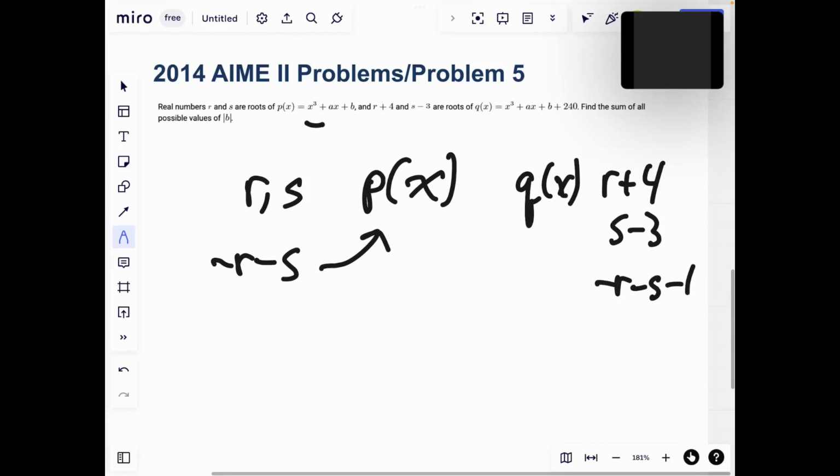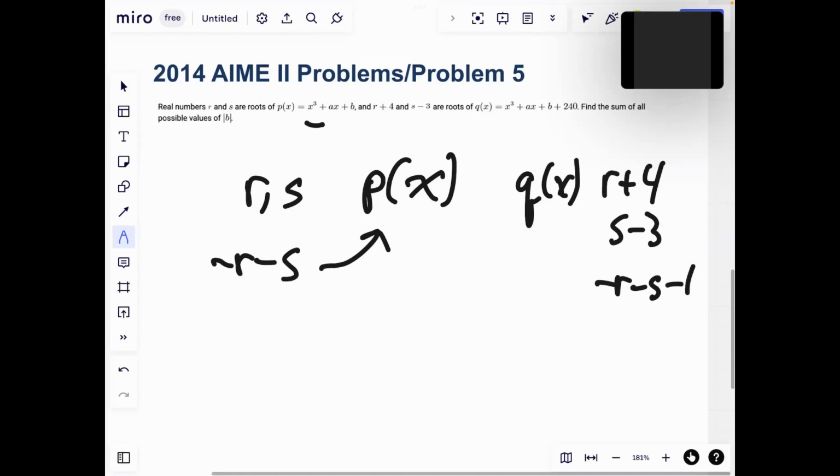Next, the coefficients of X in P of X and Q of X are both equal to A, which means that they are equal. From here we can write an equation.